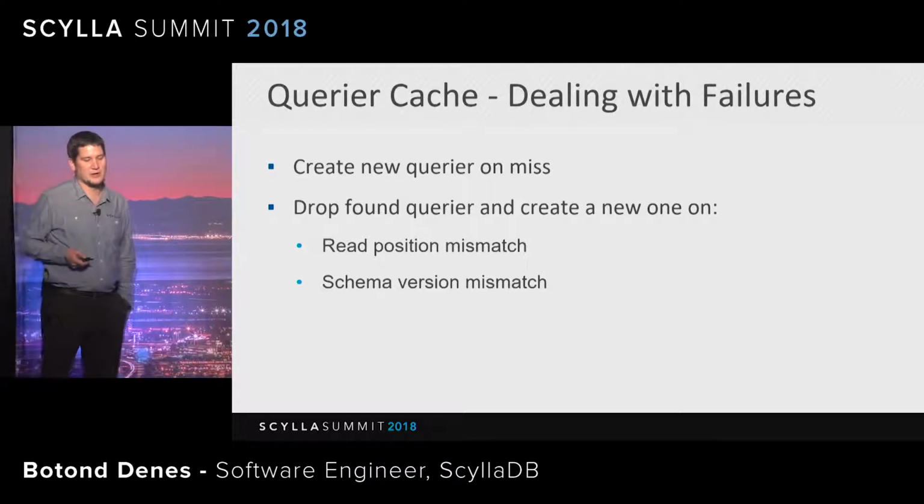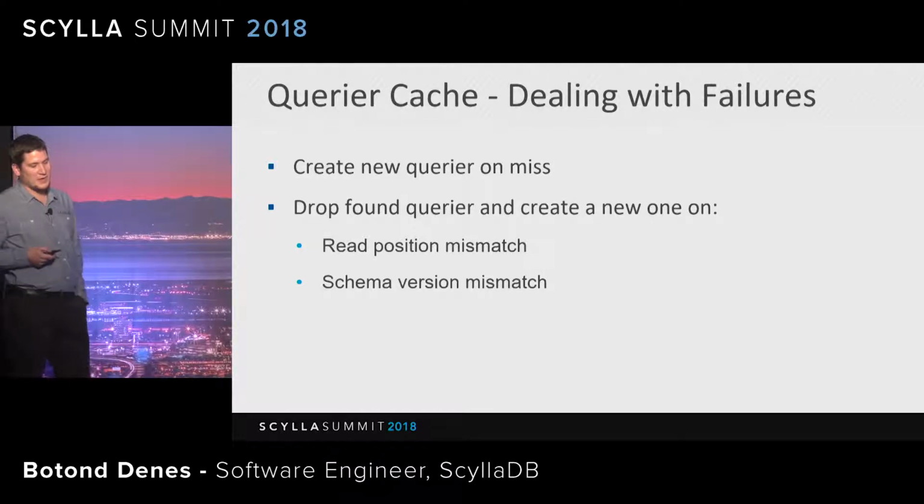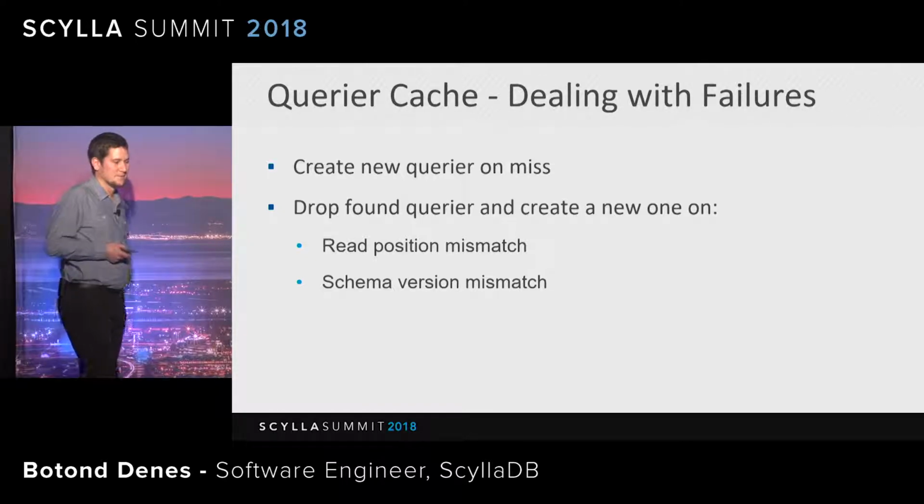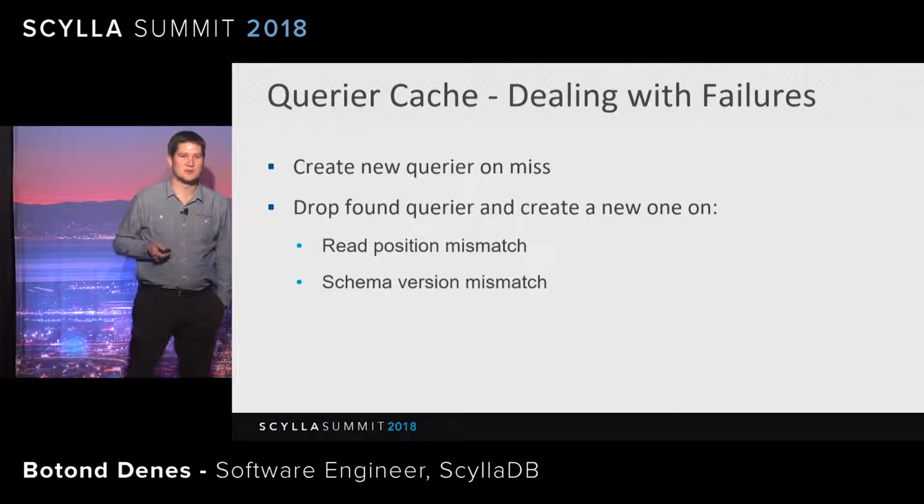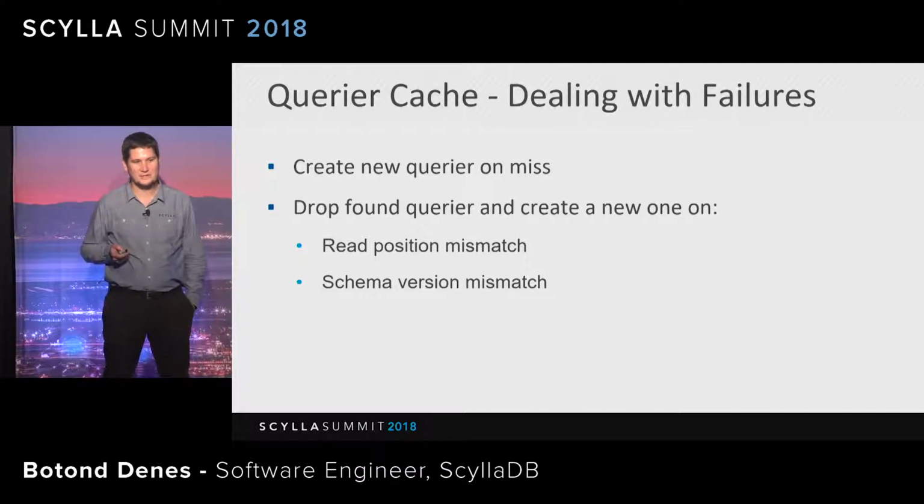Another reason for not being able to reuse the Querier and having to drop it is schema version mismatch. It is possible for schema alter statements to be executed concurrently with queries.